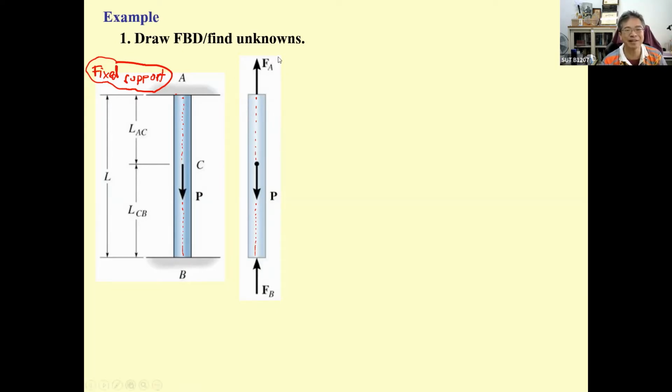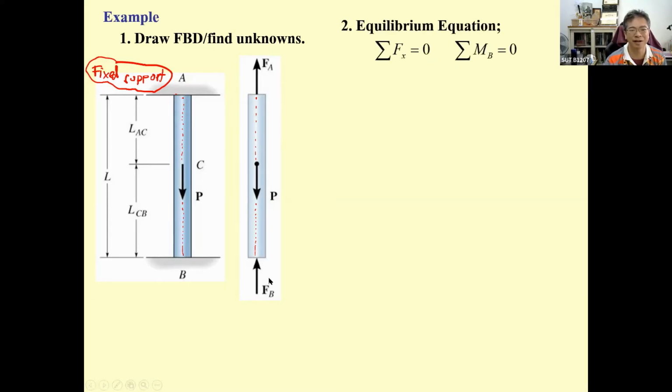And what we have is F sub A, which is going to be the reaction, and F sub B, which is going to be the reaction. If you consider the force passing through the centroid of the column, this is automatically correct. Okay, there is no horizontal force, and there is no moment occurring on this column.